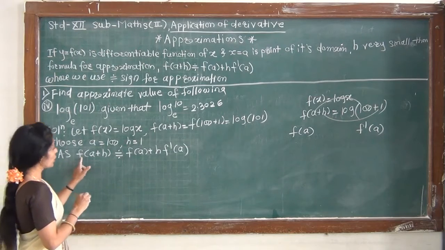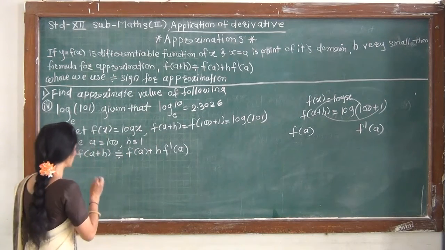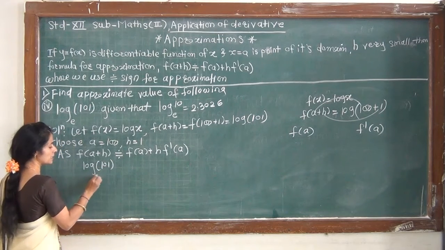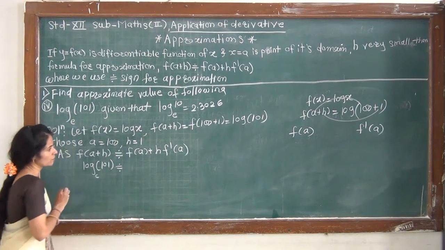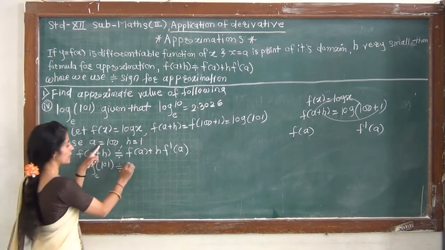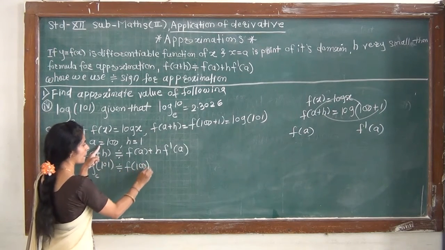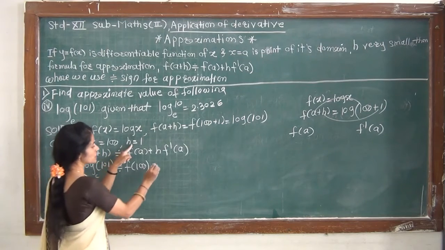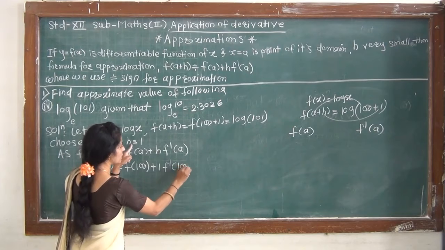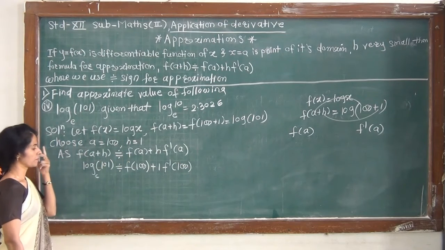Now the value of f of a plus h is log of 101 to the base e, which is approximately equal to f of a, that means f of 100, plus h, which is 1, into f dash of a, which is f dash of 100.